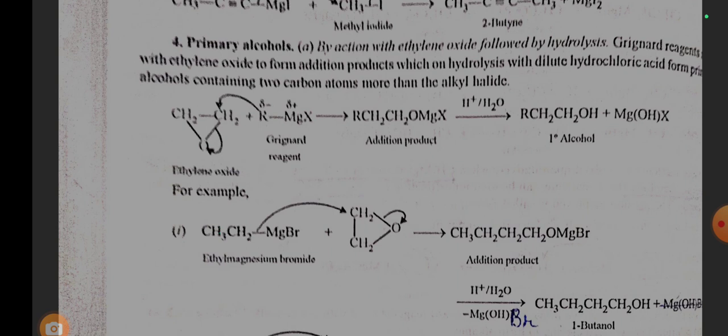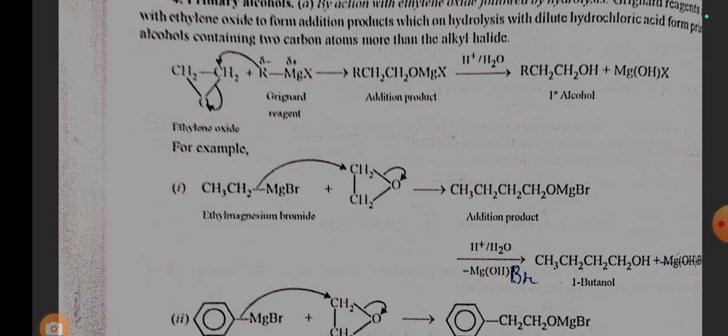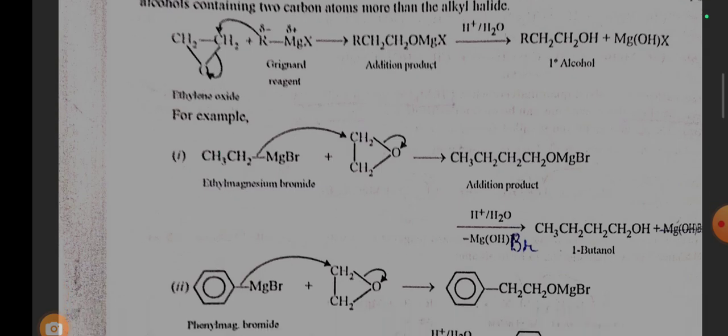Primary alcohols. A. By action with ethylene oxide followed by hydrolysis. Grignard reagents react with ethylene oxide to form addition products which on hydrolysis with dilute hydrochloric acid form primary alcohols containing 2 carbon atoms more than the alkyl halide. Ethylene oxide + Grignard reagent gives addition product, which on hydrolysis gives 1° alcohol + Mg(OH)X.